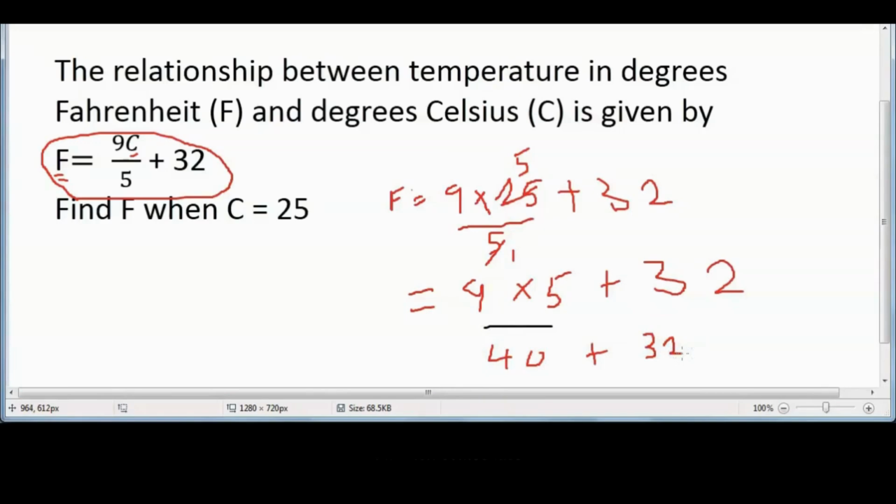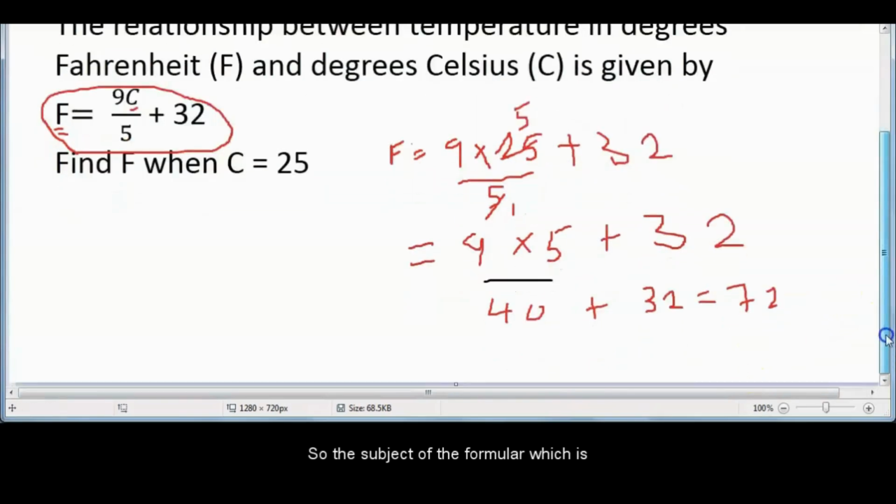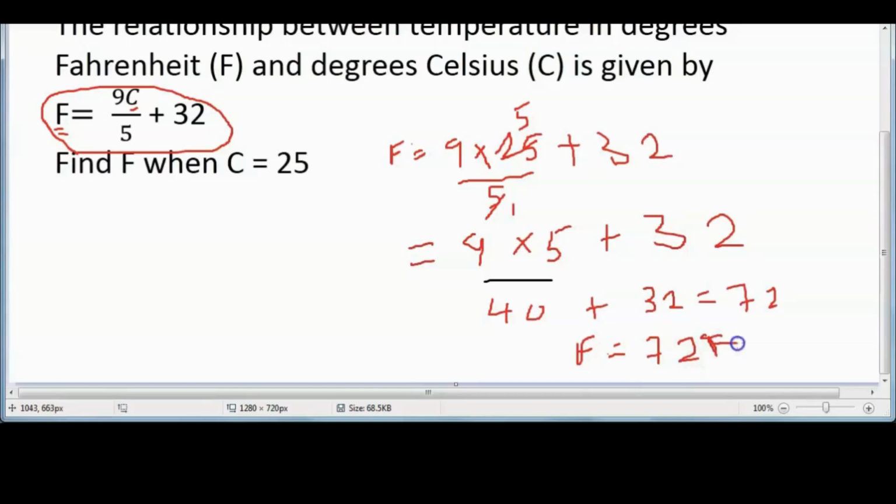Addition comes last. 45 plus 32 gives 77. So the subject of the formula, which is F, is equal to 77 degrees Fahrenheit. That clinches it.